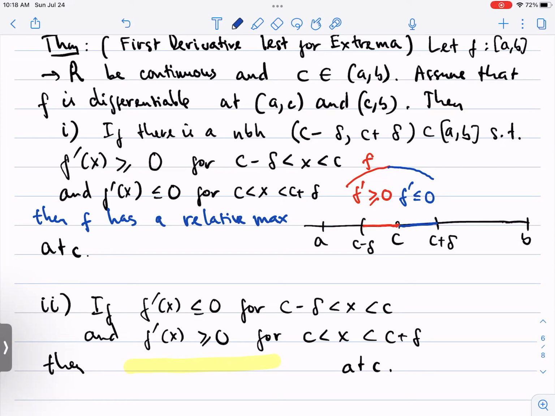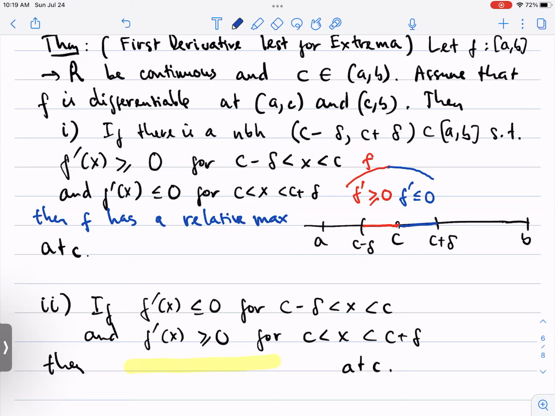Now let me comment a little bit on the assumption. Here we try to state the assumption very carefully because we would like to assume as little as possible and still get the desired conclusion. The elephant in the room is that here we only assume the function is differentiable over the open intervals from a to c and c to b.